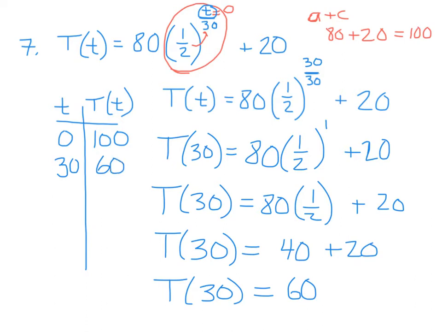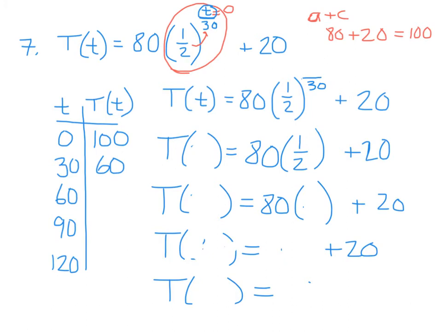So then I should be plugging in increments of 30 into this formula, because if I plug in increments of 30, I'm going to get a whole number as my exponent. So I'm going to plug in a 60, then a 90, and then 120. If I plug in a 60, notice what happens: 60 divided by 30 will make this exponent 2.